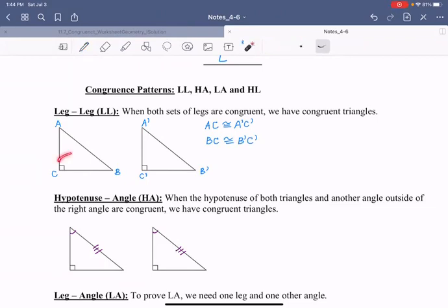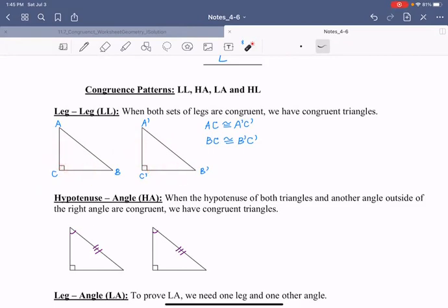If two legs are congruent and you want to prove the two triangles congruent, what theorem do you use? Pythagorean theorem. You can prove that this piece equals this piece by the Pythagorean theorem, or you can just say SAS.